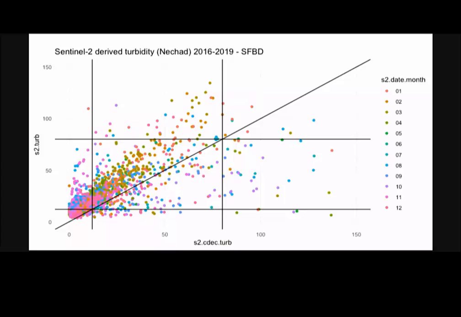But I was actually very encouraged by this, even though it might look like a mess to everybody else, because it showed us that there was at least an order of magnitude, a reasonable estimate that we could derive from the satellite data in comparison to what we were seeing on the ground.